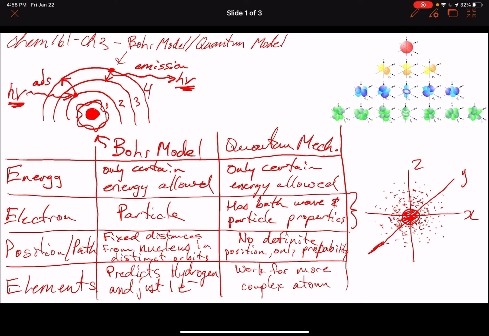So this is giving the idea that at some point I'm confident that the most likely spot for the electron is within a certain volume in this 3D space. And we typically define this as a 99% likelihood of finding the electron.